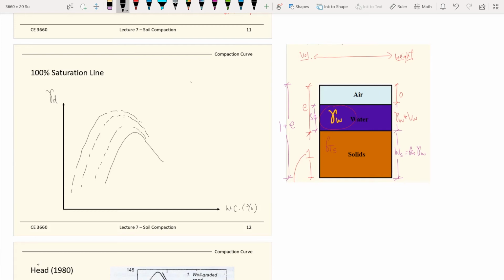In fact, experimentally, we have proof that there's an asymptote, kind of like this, which means if you keep increasing the compaction effort, the curve will keep going to the upper left corner, but on the right hand side, it never touches this asymptote line. We call this the 100% saturation line.